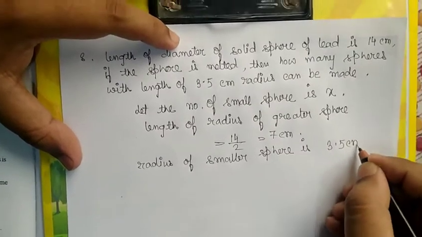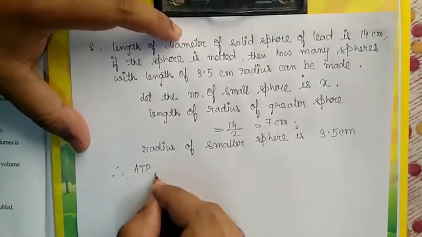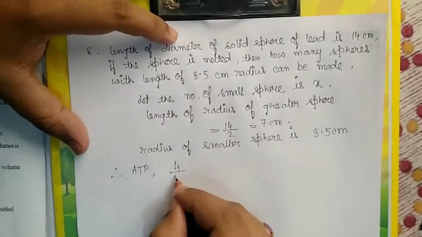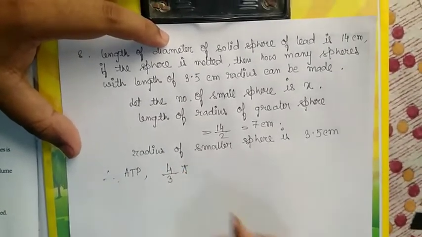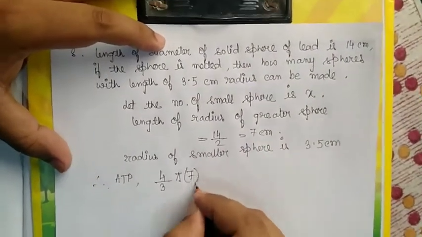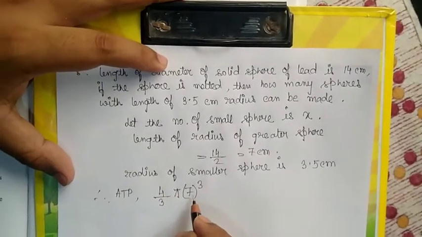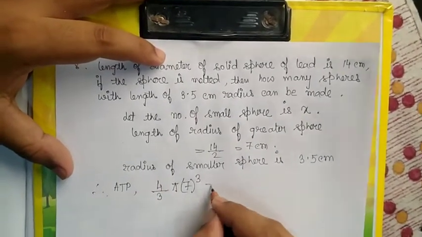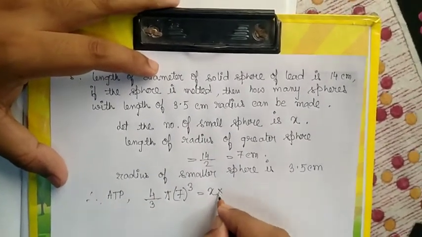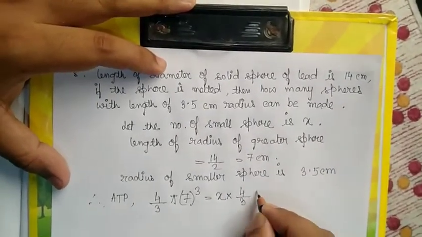So therefore, according to the problem, the volume of the greater sphere, 4 by 3 pi 7 cube, equals x into the volume of the smaller sphere.